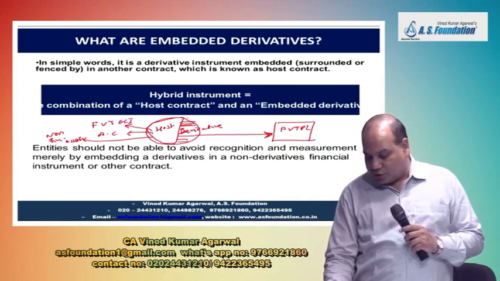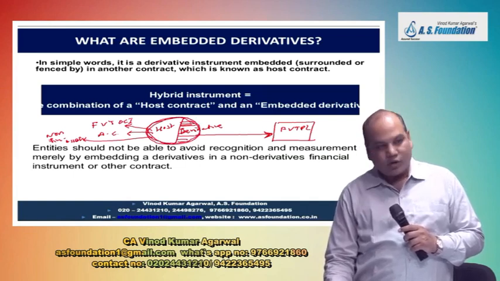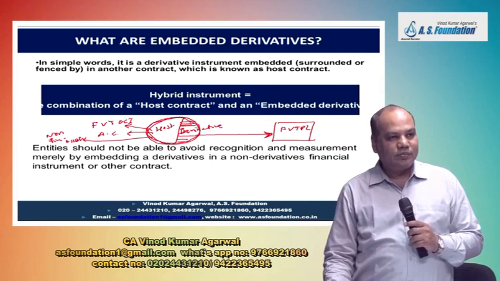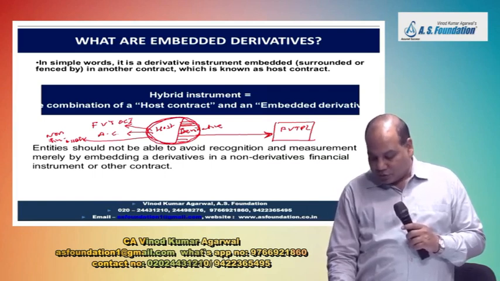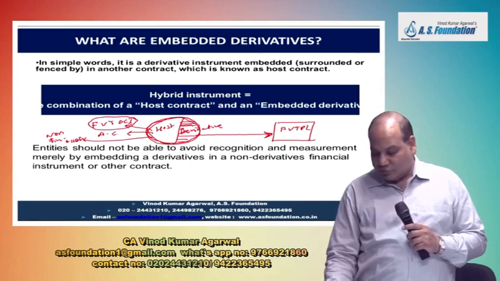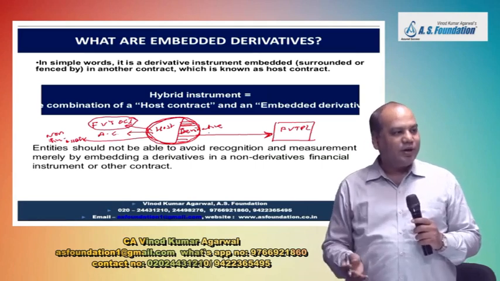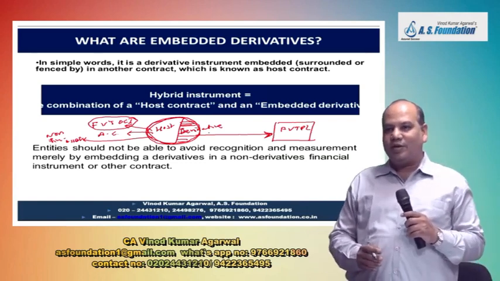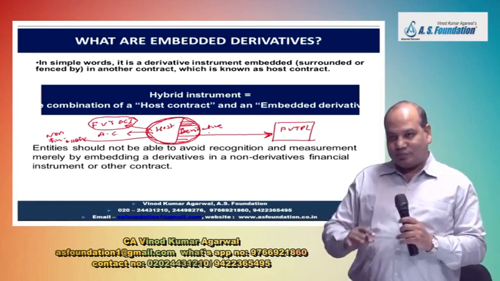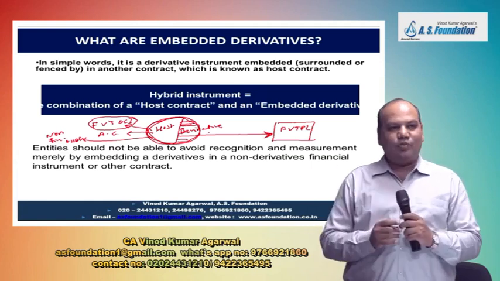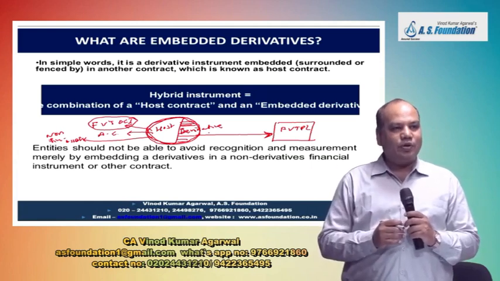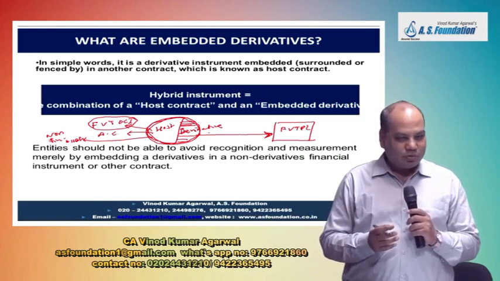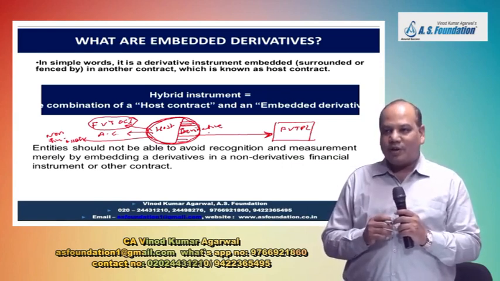So if you merge the two and you don't separate them, then the problem is that suppose the host contract is measured at FVT OCI, even the derivative will get accounted as FVT OCI. If the host instrument is measured at amortized cost, even the value related to derivative will also be treated like amortized cost. Substance over form again.